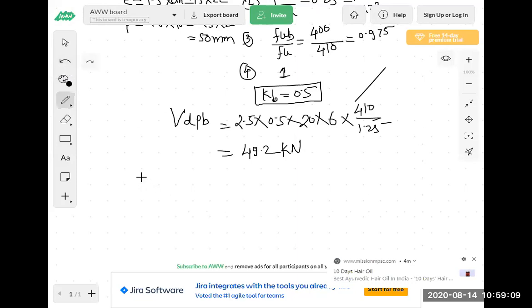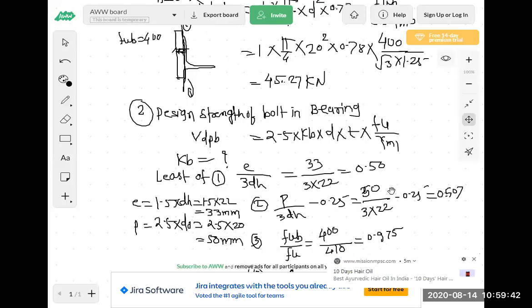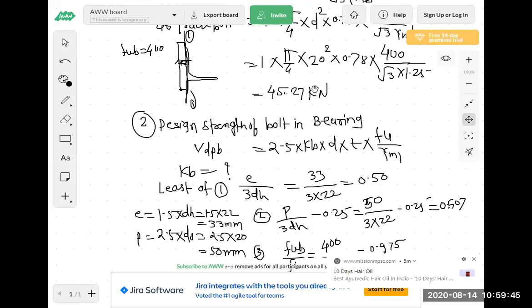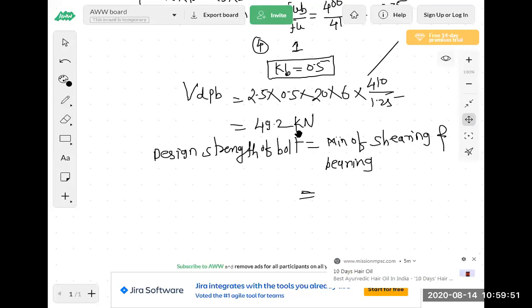Now we have to calculate the design strength of bolt. As I have told you, the design strength of bolt is nothing but the minimum of shearing and bearing. So here 45.27 is the design strength in shearing and 49.2 is the design strength of bolt in bearing.